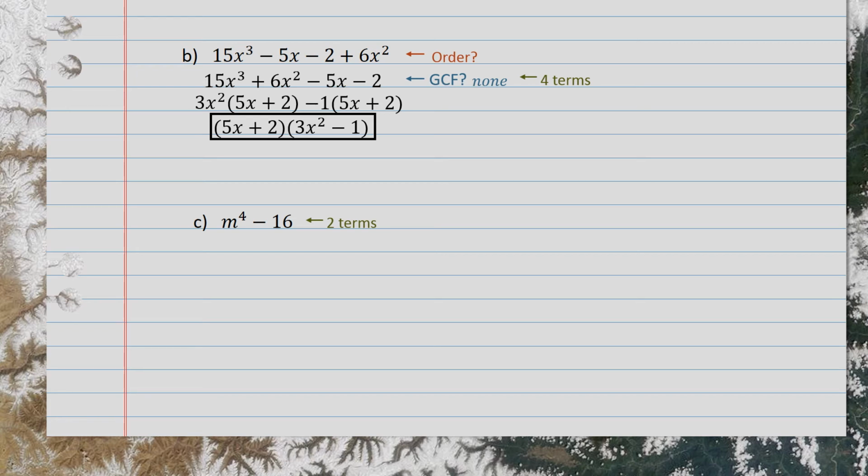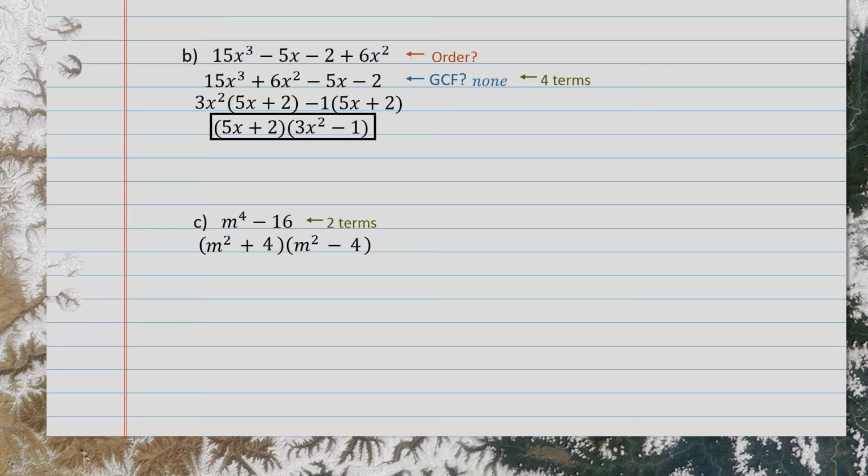Yes, which means this does satisfy the difference of squares, so it will immediately factor into two parentheses. Now, what times itself would give you m to the fourth? Well, that would be m squared. What times itself would give you 16? Well, that would be 4. And what do we know about their signs? One's a positive, the other's a minus.